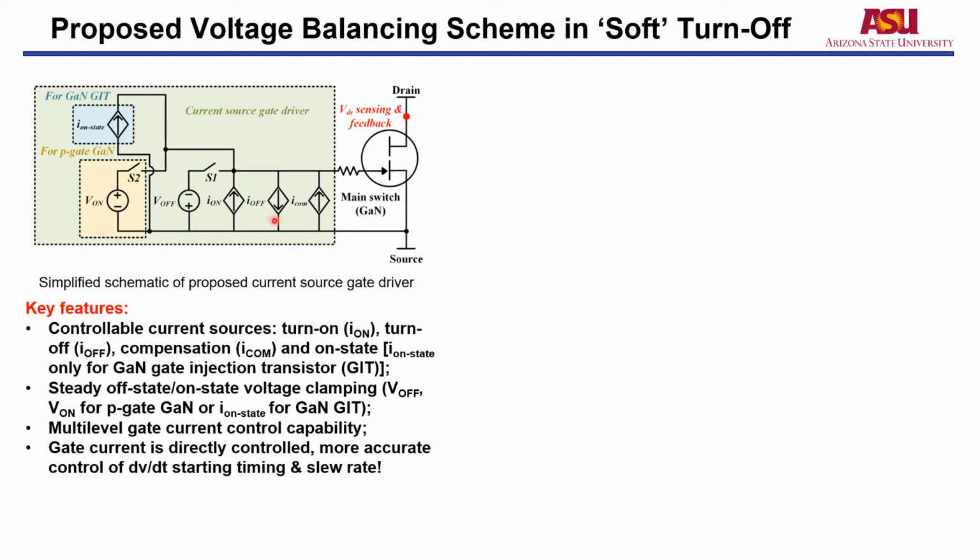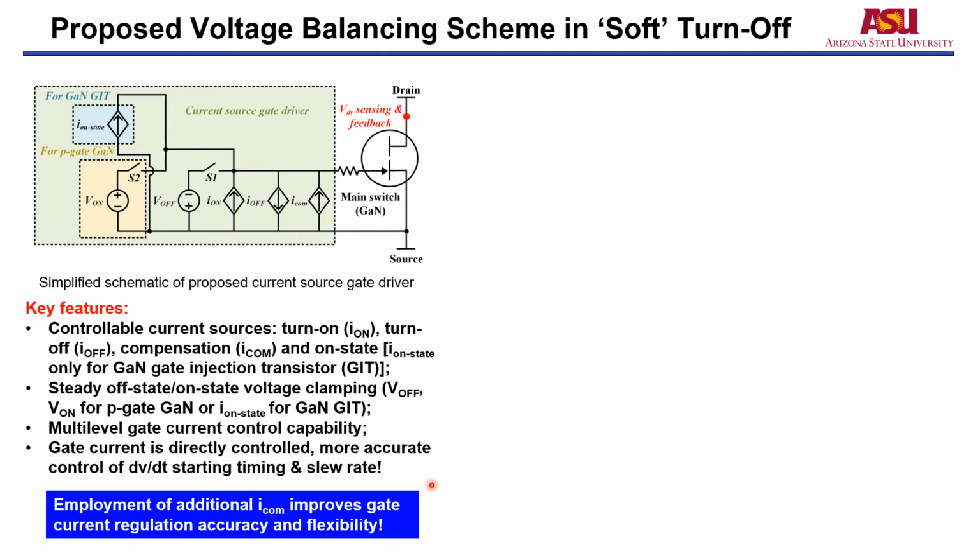For each turn-on, turn-off, and compensation gate current source, we can do multi-level gate current control. Last but not least, the gate current is directly controlled, so we can achieve more accurate control of the dV/dt starting timing, as well as the slew rate. The employment of additional I_com improves the gate current regulation accuracy and flexibility.